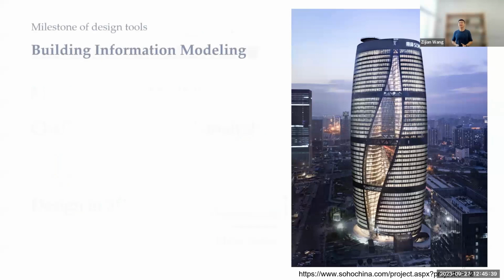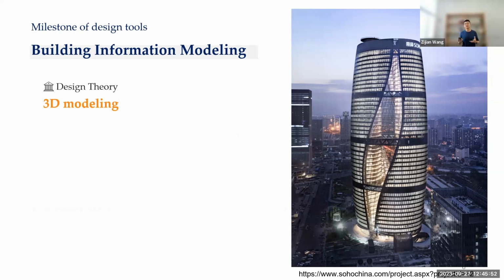The technology behind Lizi Soho is building information modeling, BIM. Instead of using 2D drafting, BIM starts to use 3D modeling as a design theory, which can save the process of projecting one object from 3D to 2D and the reconstruction from 2D to 3D. Additionally, it starts to use objects and relationships to represent data.